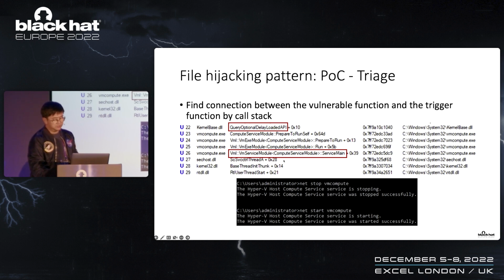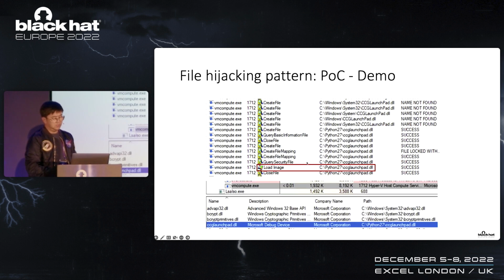The vulnerable function is finally called by the ServiceMain, which means when the service is started or restarted, the vulnerable function will be called. And we can create a fake file in a directory from the PATH environment variable, such as Python, and when the admin starts or restarts the vmcompute service, the fake CCGLaunchPad.dll will be loaded into the process successfully.